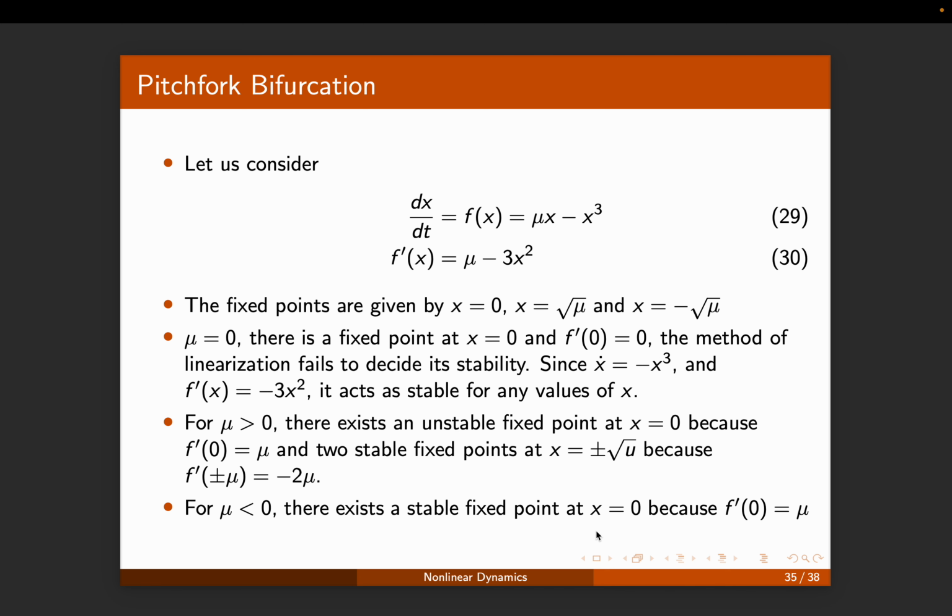And for the case of plus or minus square root of mu, we get f prime as minus 2 mu, right? Since mu is greater than 0, these are stable fixed points. So for mu less than 0 case, we have only one fixed point x equal to 0, f prime is mu, and mu is negative, so x equal to 0 is also a stable fixed point.